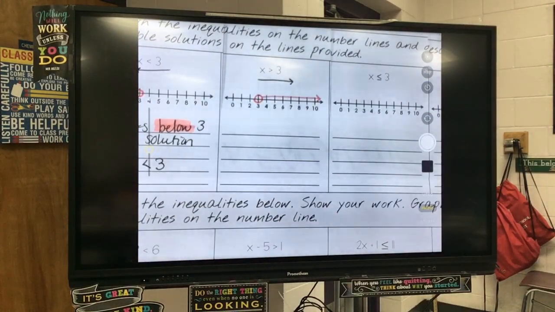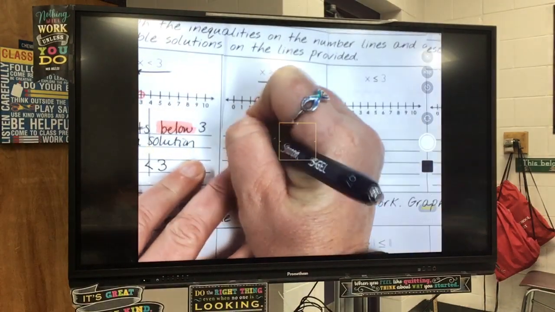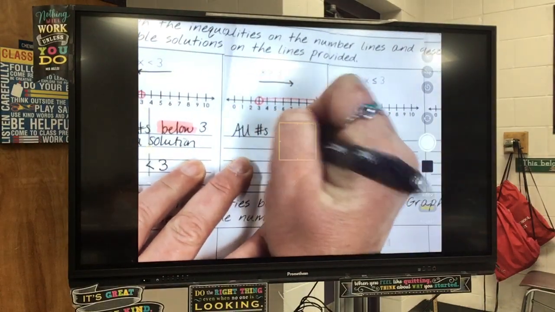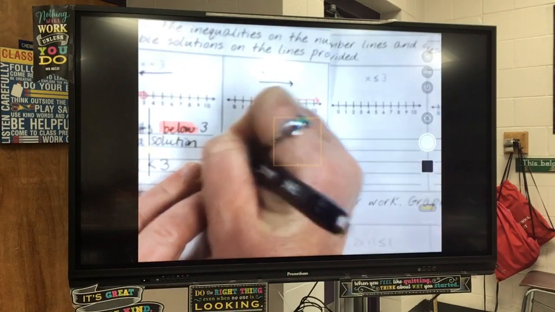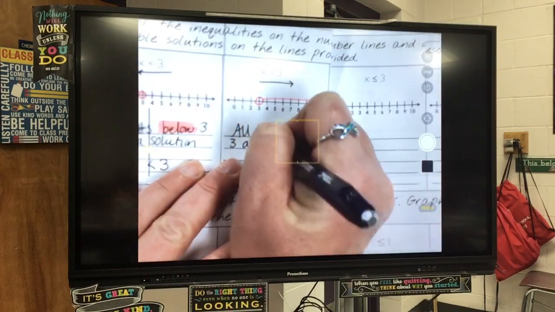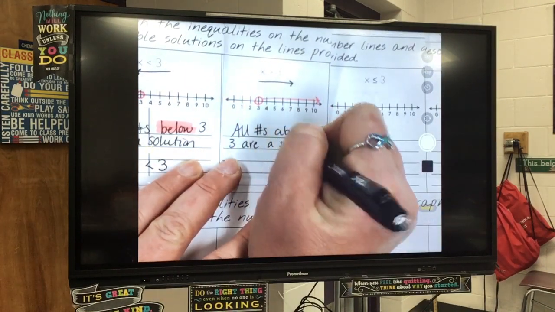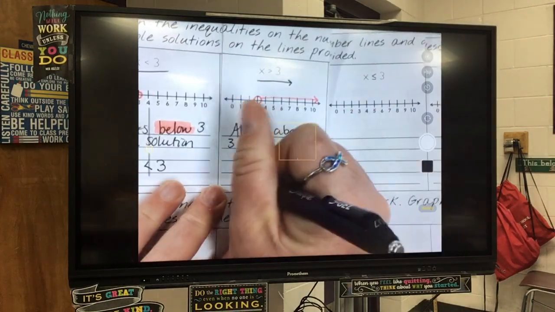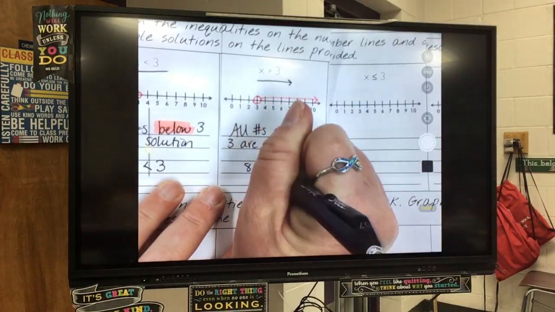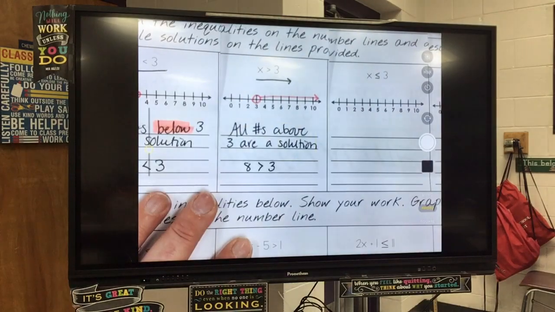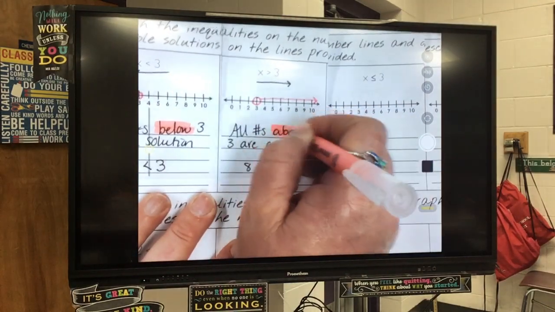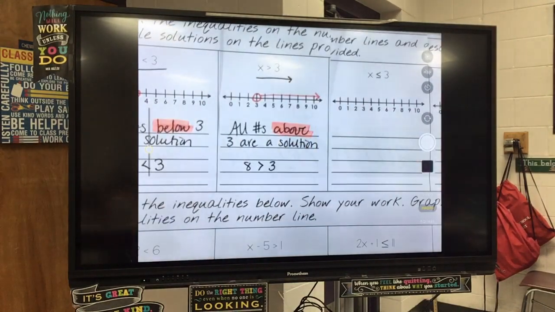So 8 is greater than 3. Perfect. So this one is all numbers above 3 are a solution. And then Kaylee said 8 is greater than 3. Alright, questions about the first two?